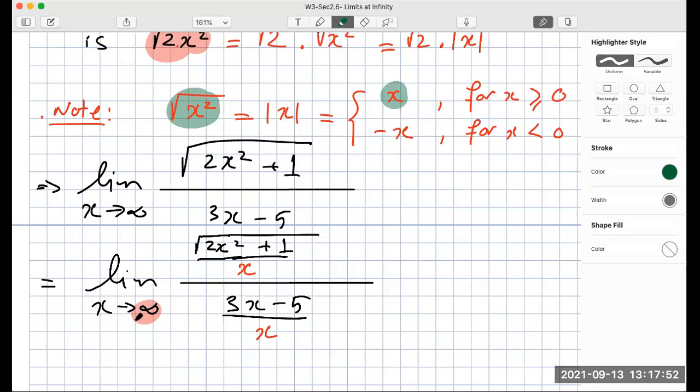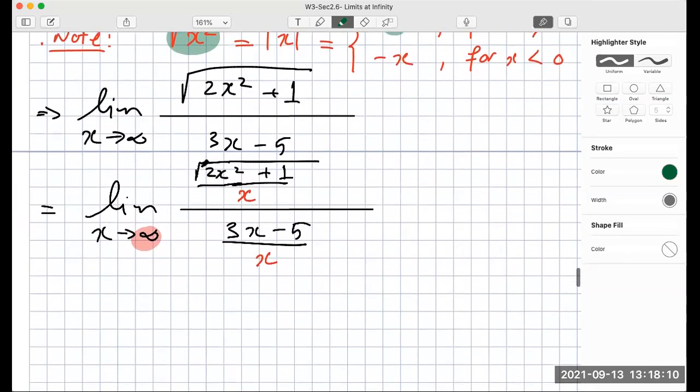Since x goes to infinity, x is positive, so we can replace x by square root of x squared, because in the numerator we have the square root here.